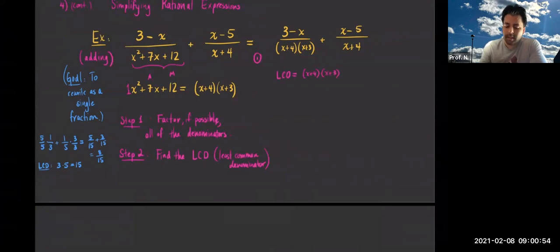So this first fraction already has the LCD underneath. So I don't have to do anything to that fraction. I only have to do it to the second rational expression. So this rational expression here just goes along for the ride for now. And then I do plus x minus 5 over x plus 4. And I'm going to multiply the top and the bottom by the missing factor, which is x plus 3.